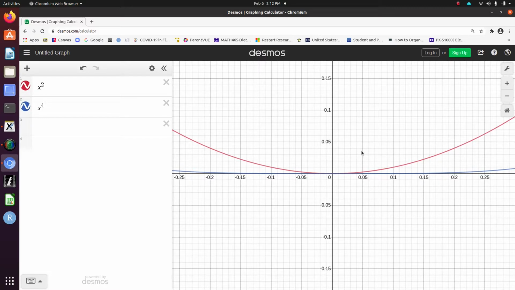It's coming into 0 at a much shallower angle, so that the red curve, the parabola, is coming in at a steeper angle. And so the question is, as we zoom in, what are the relative sizes of these guys?